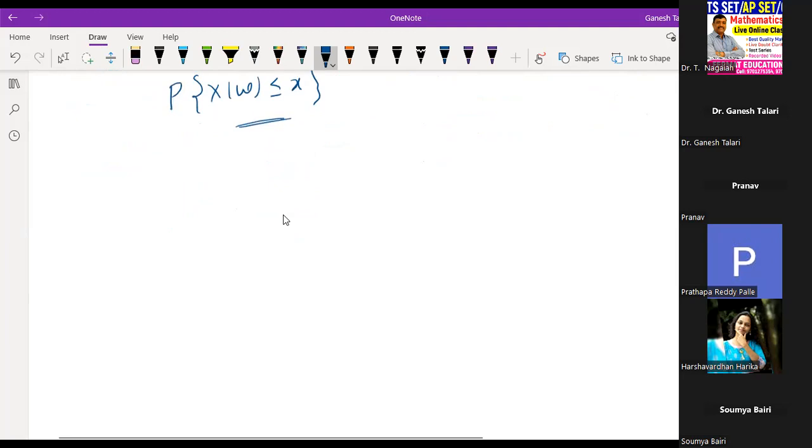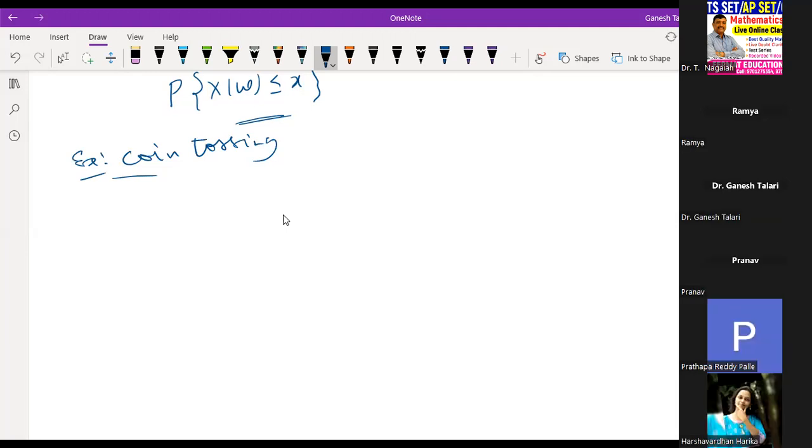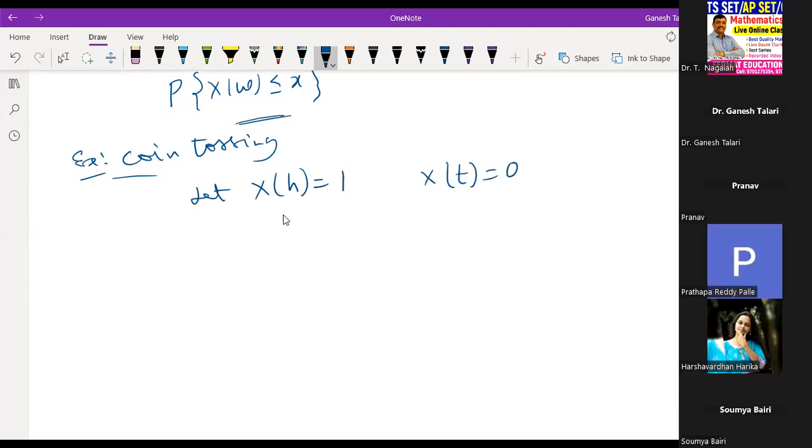Give an example. What is a distribution function? Let's consider tossing a coin. Coin tossing example you can take. Let X of head is 1 and X of tail is equal to 0.